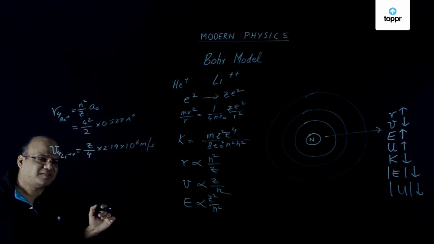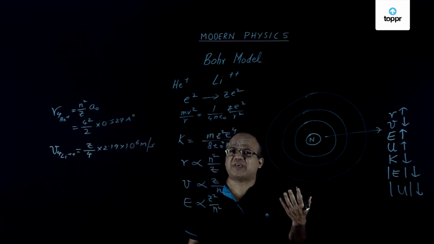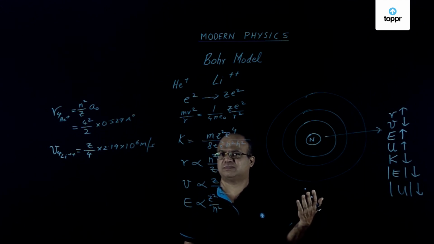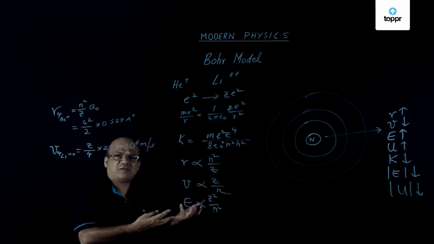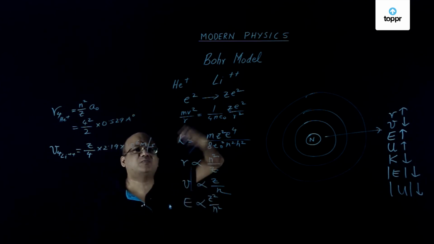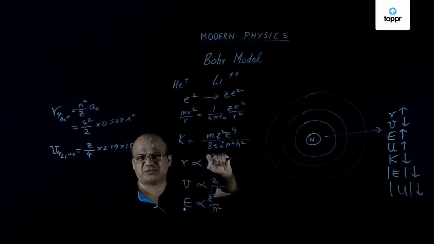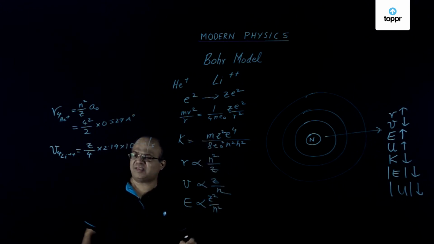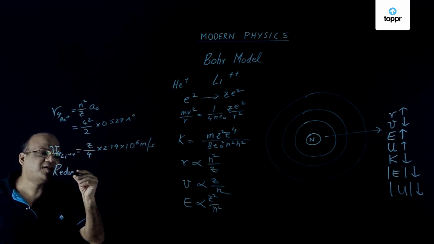Now, sometimes we may need to think about the emission spectrum of the various isotopes of hydrogen. All the isotopes of hydrogen have the same electron moving in a circular orbit, only the mass of the nucleus is different. In all the formulas that we discussed so far, the mass of the nucleus does not come into the picture. So how to explain this? This is done using the concept of reduced mass. What is reduced mass?